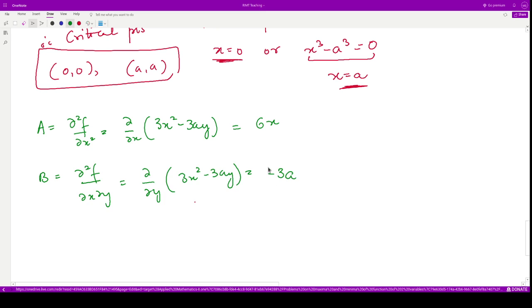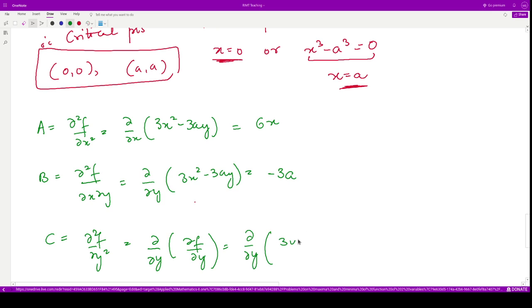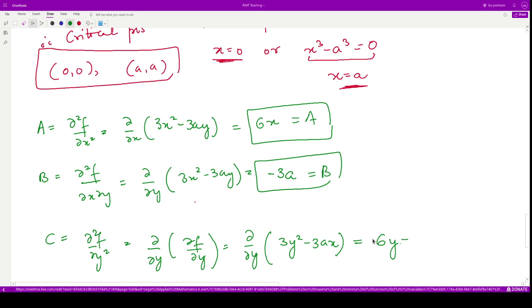So this is minus 3a, and c would be del 2f by del y2. So it would be the second derivative of f with respect to y, del by del y of the first derivative. So that would be 3y square minus 3ax. When you differentiate this, you will have 6y, right? So now this is a, this is b, and this is c.